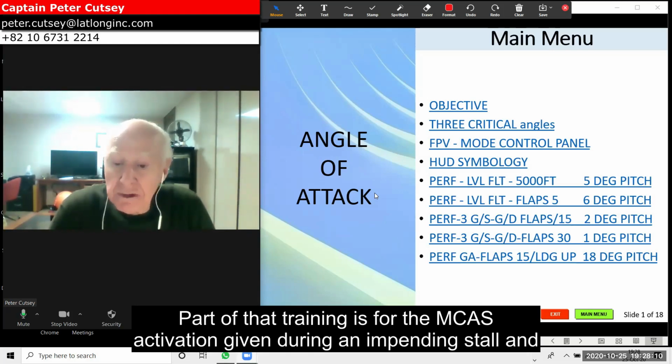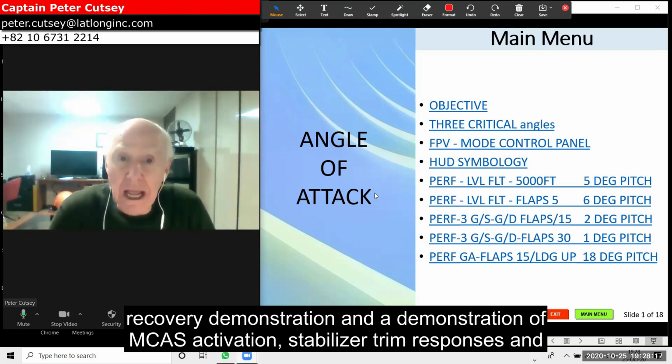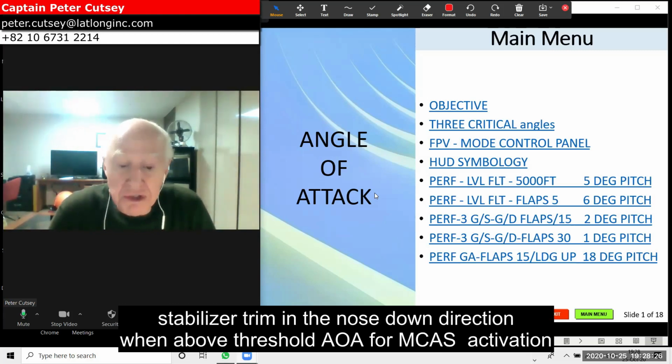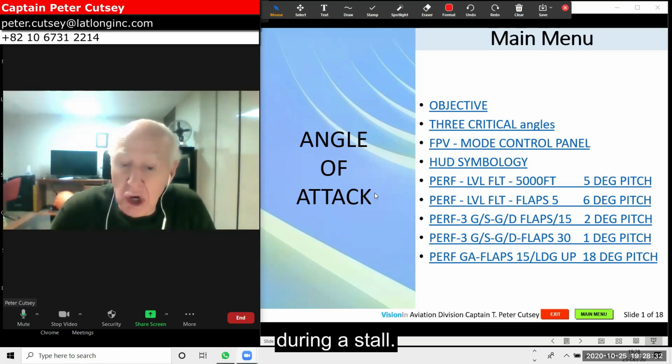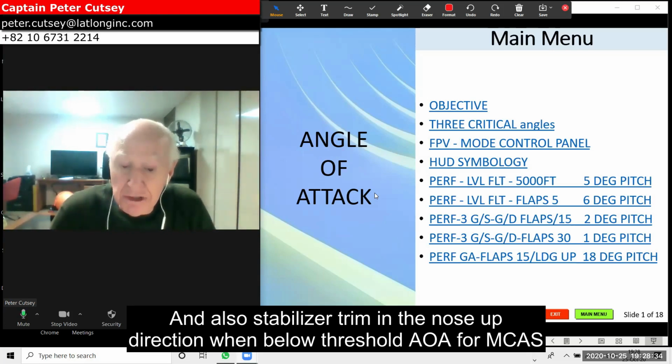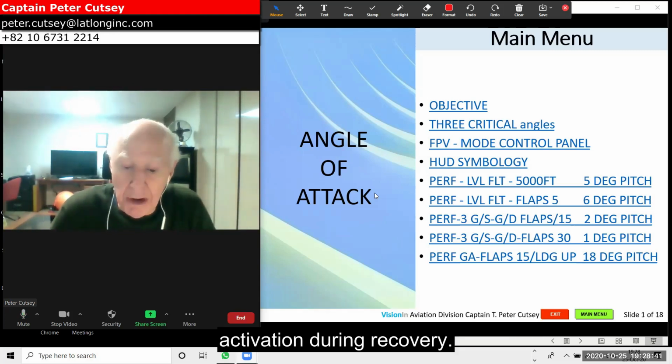training is for the MCAS activation given during an impending stall and recovery demonstration, and a demonstration of MCAS activation stabilizer trim responses, and stabilizer trim in the nose down direction when above threshold angle of attack for MCAS activation during a stall, and also stabilizer trim in the nose up direction when below threshold angle of attack for MCAS activation during recovery.